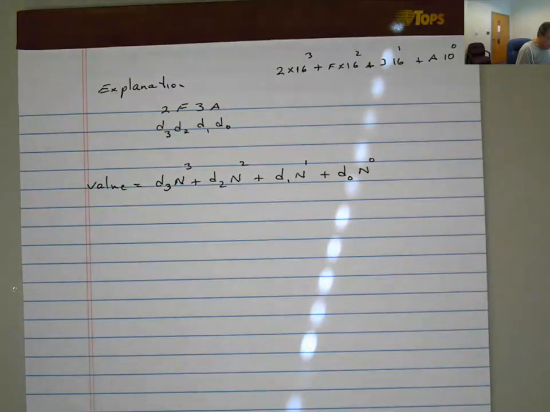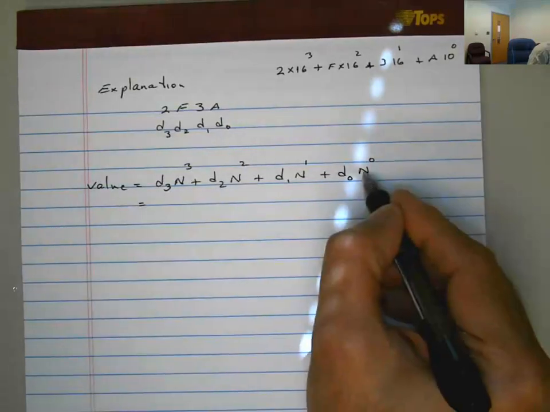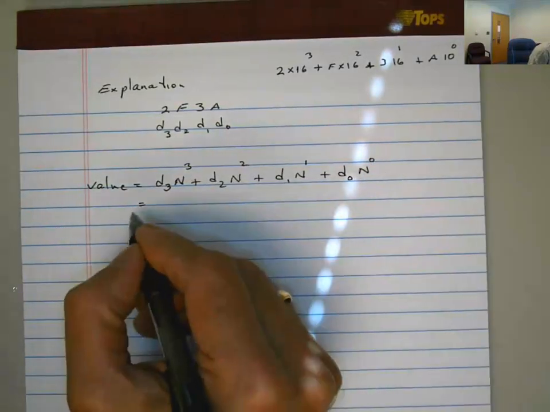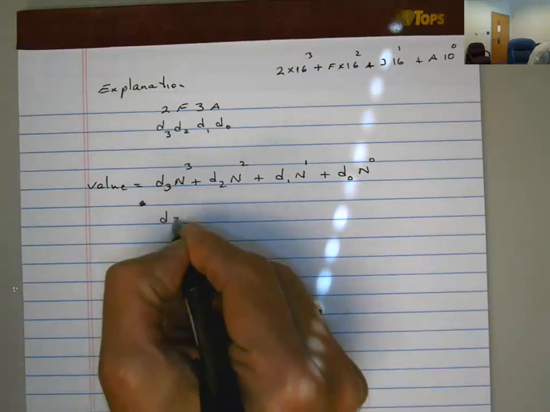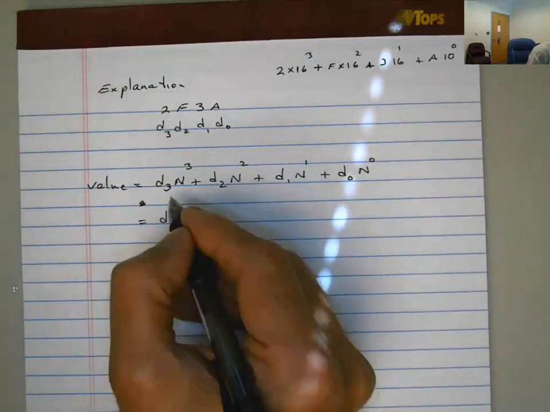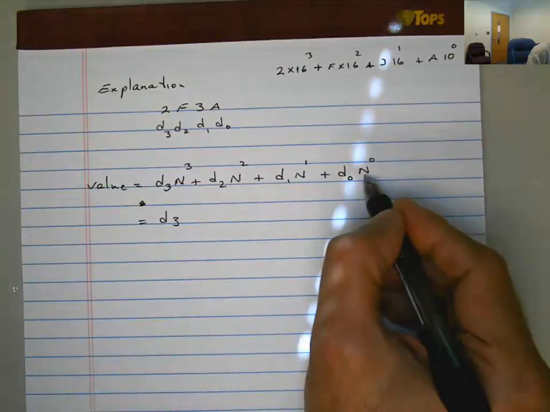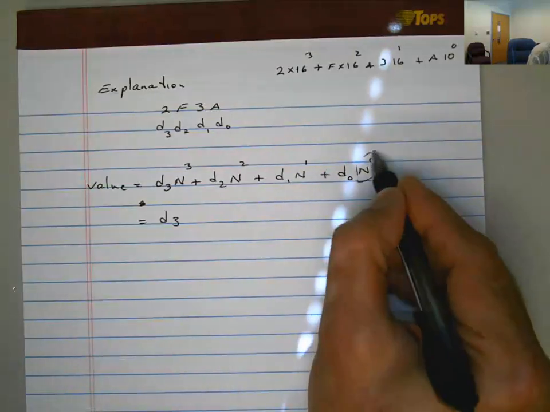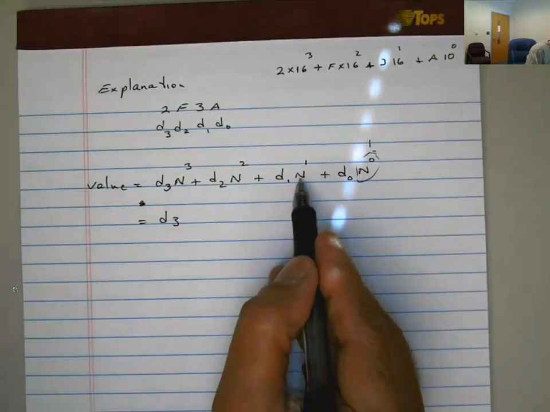And why does this algorithm work? Well, one thing we could do: anything to the power of 0 is equal to 1, so this would be D0.